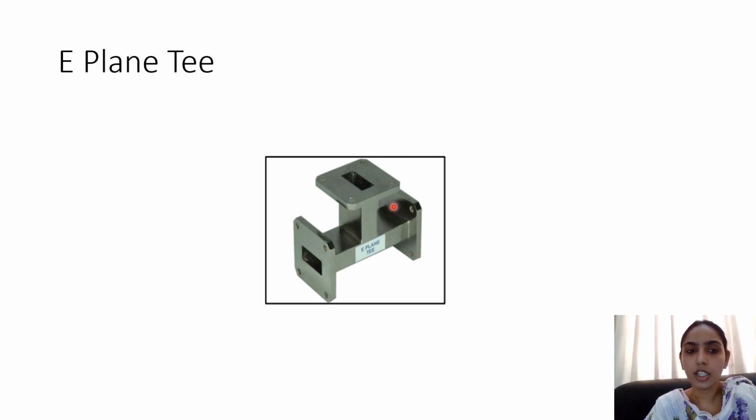That is the E-plane T. Here, the name E-plane indicates that the electric field of the side arm is parallel to the electric field of the main waveguide. This is also called a difference arm since it gives the difference of the signals from port 1 and port 2.